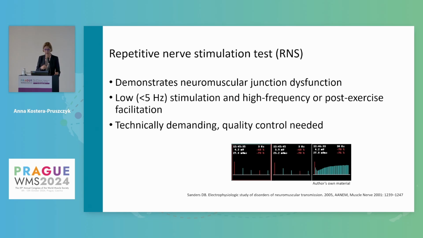We look for decrement with low frequency stimulation, post-exercise, or improvement during high frequency stimulation. The test is quite technically demanding, but if we see a nice and reproducible decrement, the diagnosis can be made with confidence.